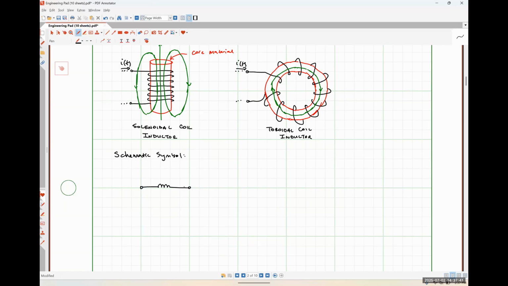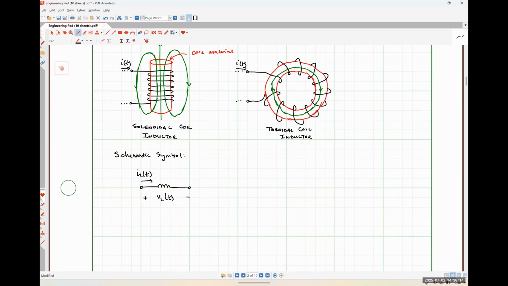Okay. So our inductor is going to obey the passive sign convention, which means if I choose to put the positive polarity terminal for the voltage drop across our inductor over here on the left, so let's call this VL as a function of time, and current is flowing into the positive polarity terminal, let's call this IL as a function of time, then we would say that our inductor is absorbing power or absorbing energy.